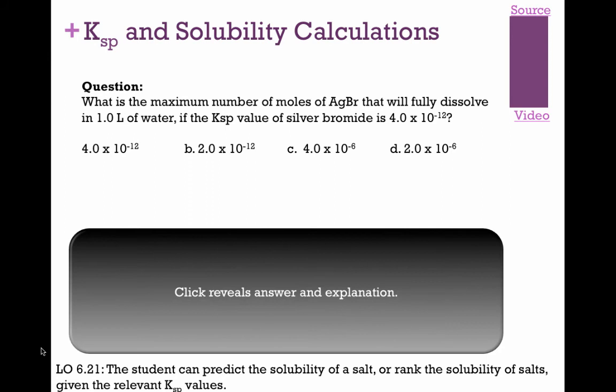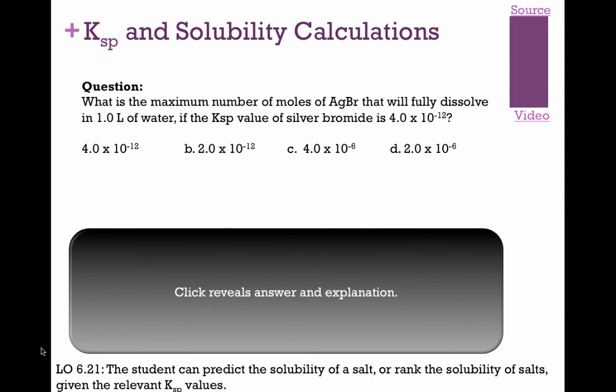Okay, so what's the maximum number of moles that will fully dissolve? So now, I just want the Ksp expression. So we don't even need to put numbers in yet, just the expression. How do I write an equilibrium constant expression? Products over reactants. But the reactant is a solid. You never include solids. So it's just going to be Ag plus times Br minus. Okay, now, let's just say this is at equilibrium. We don't worry about solids.